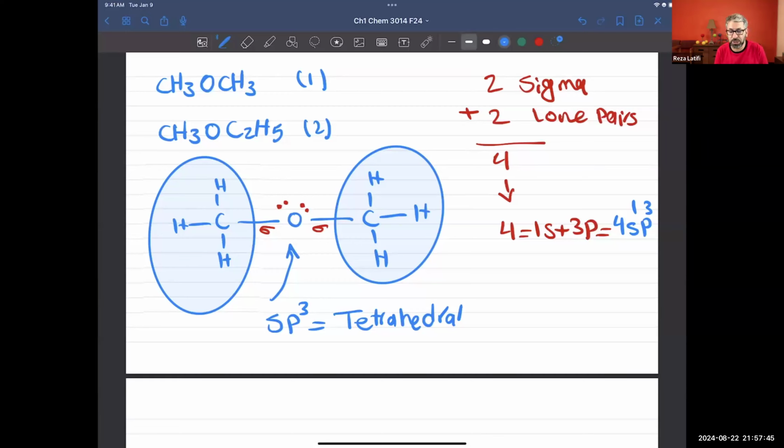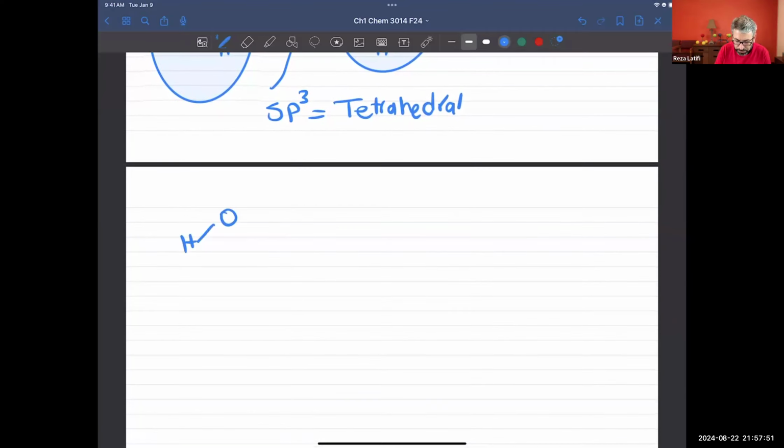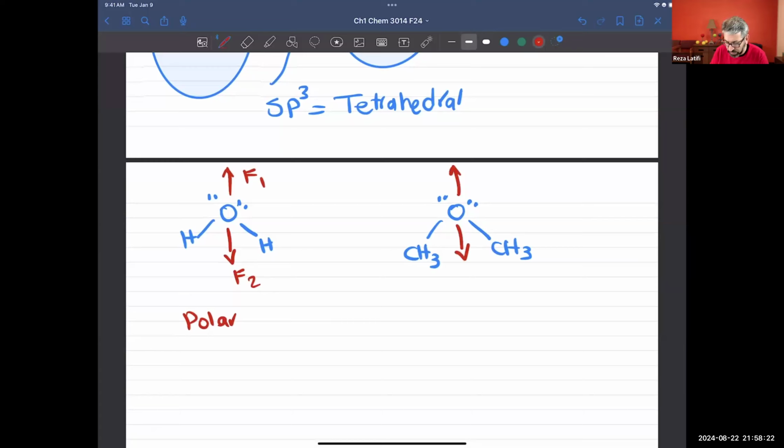So I have 2 non-identical elements attached to each other. Am I going to have a polar molecule? Is this one polar? Yes, that one is polar because I can cancel the force of the lone pairs by the force of the hydrogen atoms. If that one is polar, then this one will be polar because you cannot cancel the force of the lone pairs.